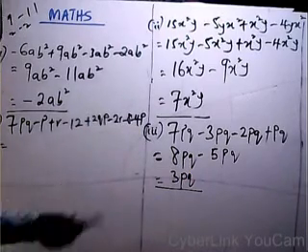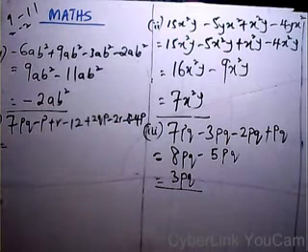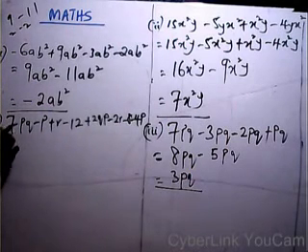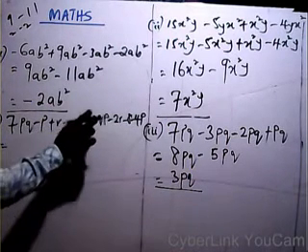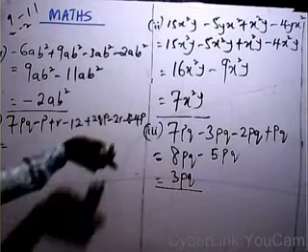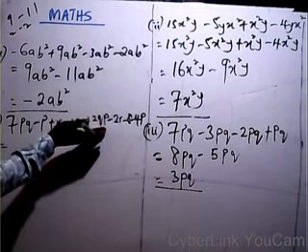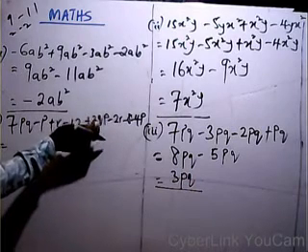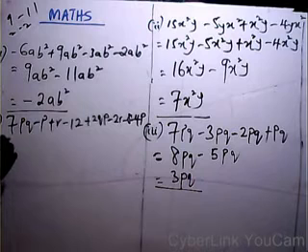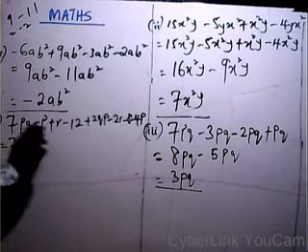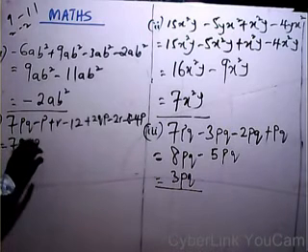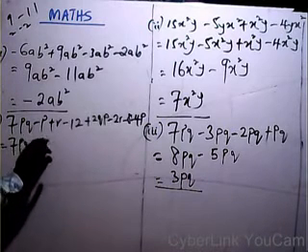You are going to collect the like terms that are common and combine them together. Look at this. This one is 7pq. This one is 2qp. They are the same thing, because changing the order does not change it to anything else. So let's write it. So we have 7pq plus 2pq.